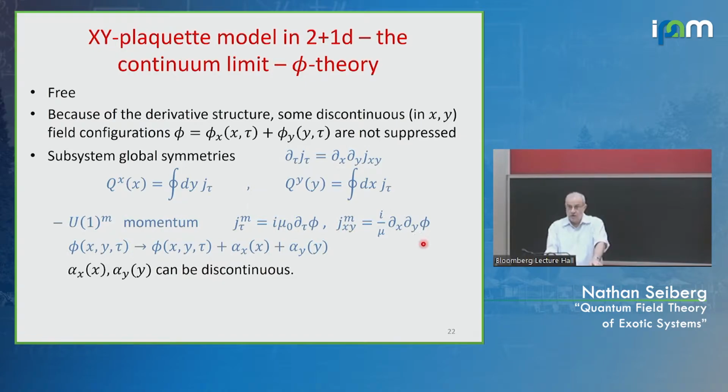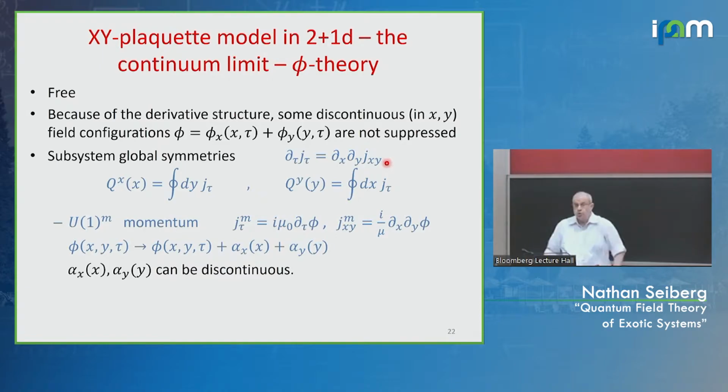In terms of the fundamental degrees of freedom, the time component is the time derivative of phi, and the space component is dx dy phi. And it satisfies this conservation equation, which is nothing but the equation of motion of phi. So the equation of motion of phi leads to Noether's conservation equation.